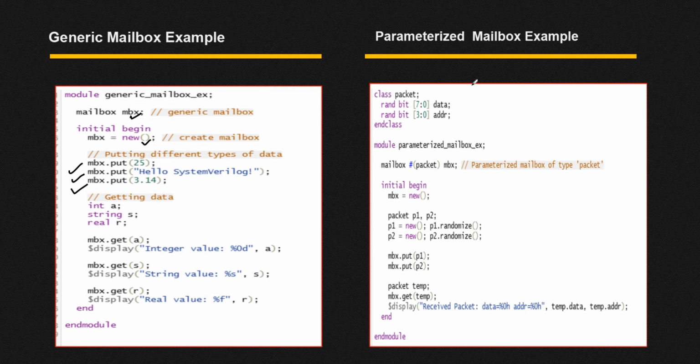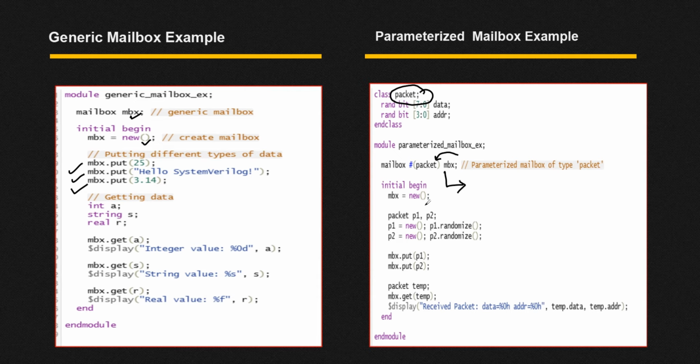Okay, now here we have a parameterized mailbox. While declaring a parameterized mailbox, you have to give the type of the message. Here we have given the type of the message, that is packet type. Your class name is packet, so we have considered that as the type of your mailbox.